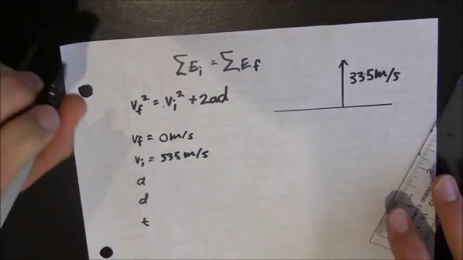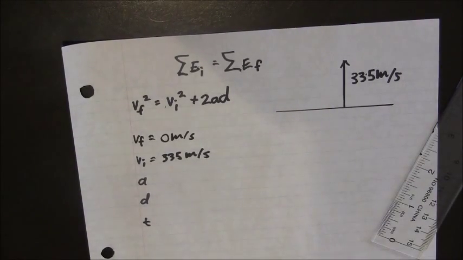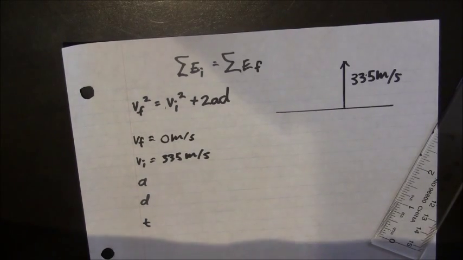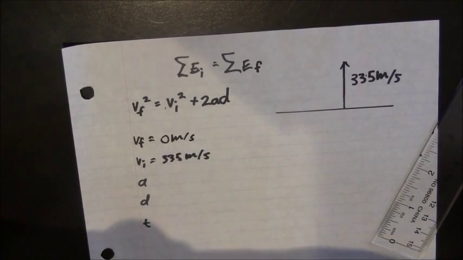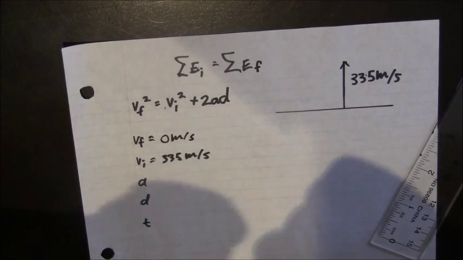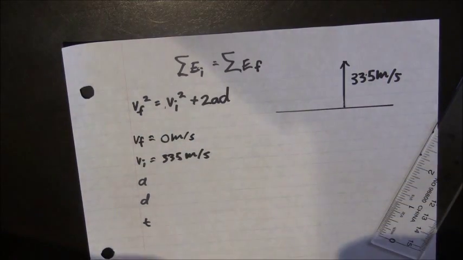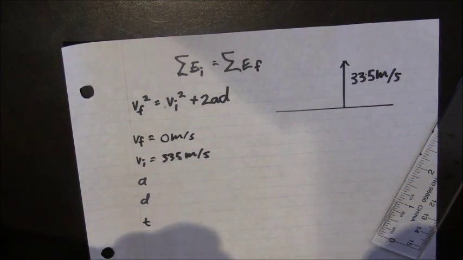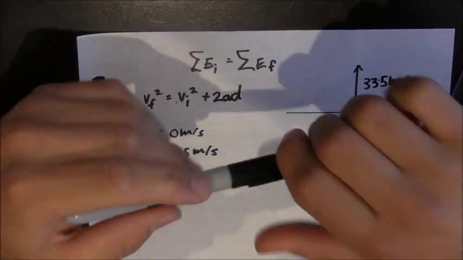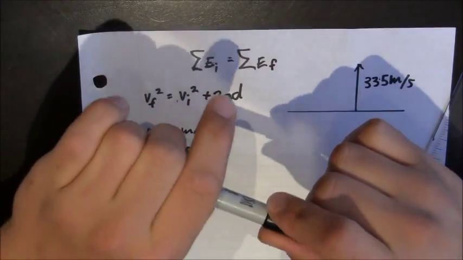Think about it, if you were to throw a football up in the air for, I don't know, a tenth of a second or something, it would remain stationary in the air because almost all of the kinetic energy, because this isn't an isolated system, would be converted into gravitational potential energy, so it wouldn't be moving. But like I said, for this we're assuming it's an isolated system. So we know VF is 0 meters per second.